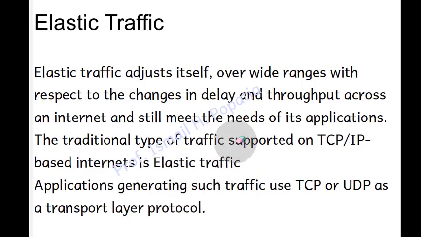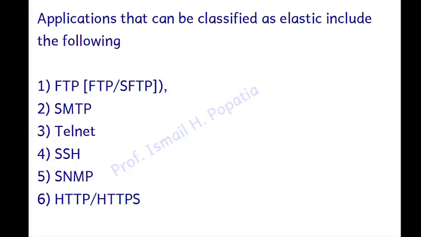At the transport layer we have either TCP or UDP, although there is SCTP, but in this case we are considering the applications at the application layer, and the ones in the category of elastic traffic use TCP or UDP as the transport layer protocol.